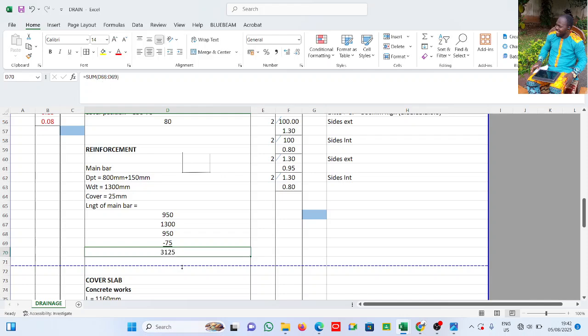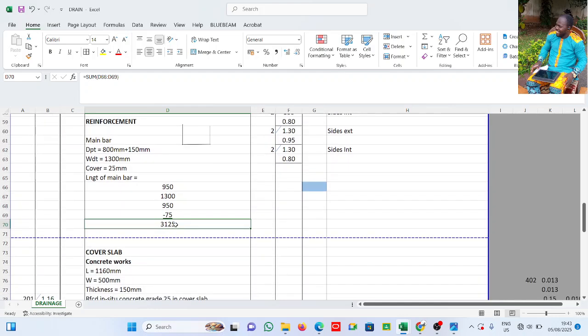Right, how is it 75? It is 25 cover here, 25 cover here, and 25 cover for the reinforcement in the concrete here. Cover and cover. Now if I say 25 here to see cover, remove cover here, remove cover. What about the cover here? Because I already took the full length, and the full length is the length of the wall.